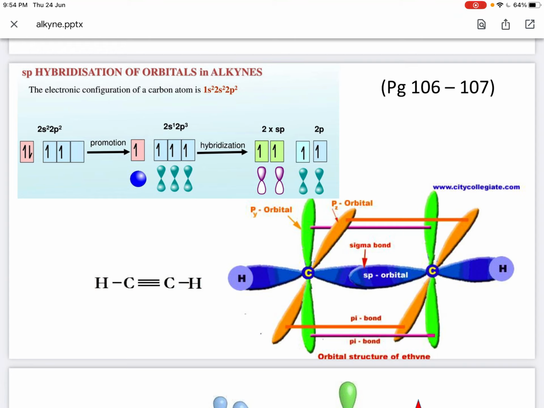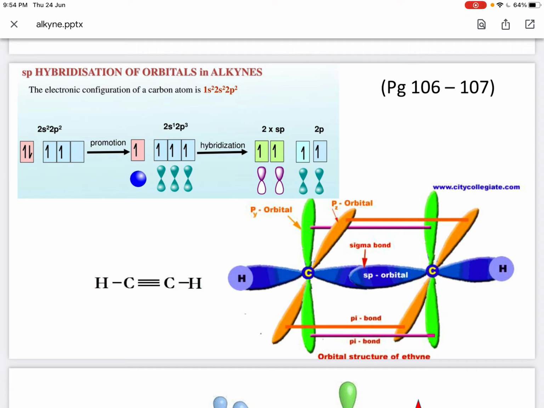It depends on how you interpret it. But basically, from what I understand, sigma bonds happen in the middle while pi bonds happen at the sides, and pi bonds are weaker than sigma bonds.